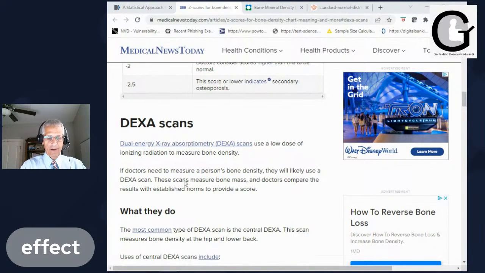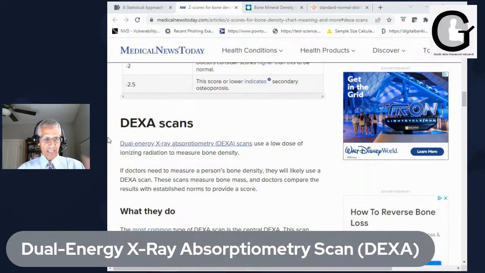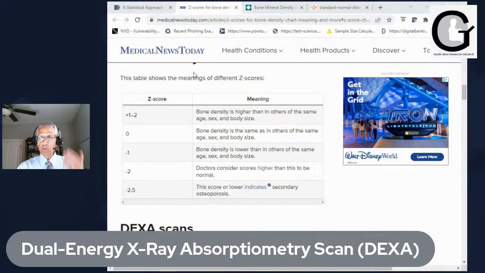I'm sorry. Scan. So that's DEXA. I want to make sure that you understand that's what we're talking about. Dual energy X-ray absorptiometry scan, DEXA scan. Okay, and this is where you have to do some work on this.